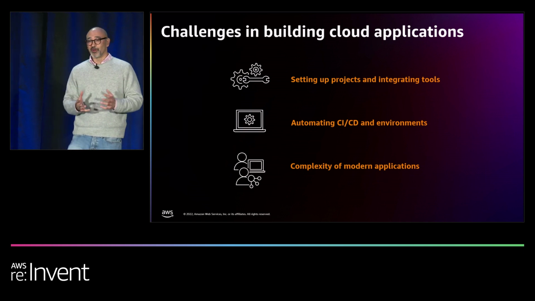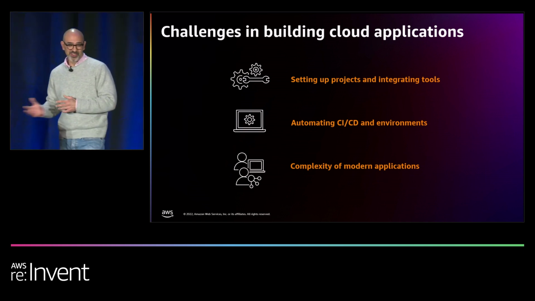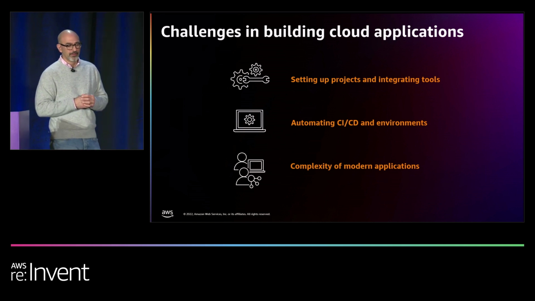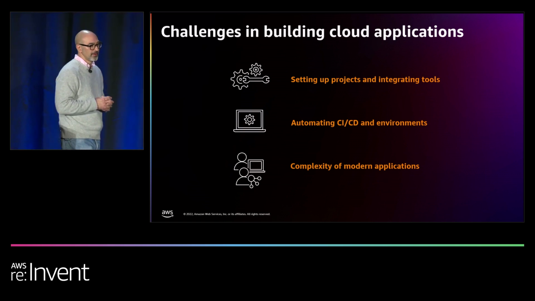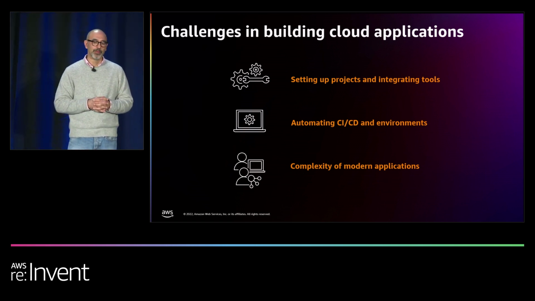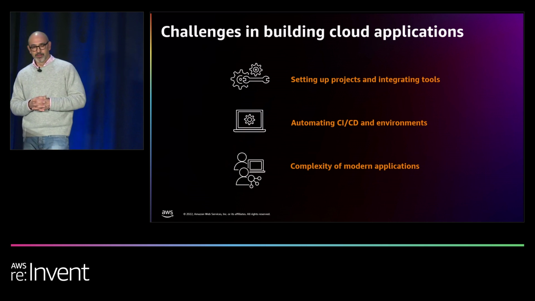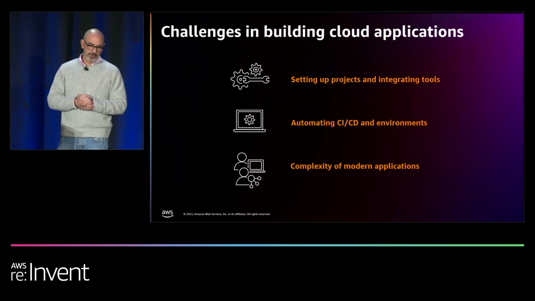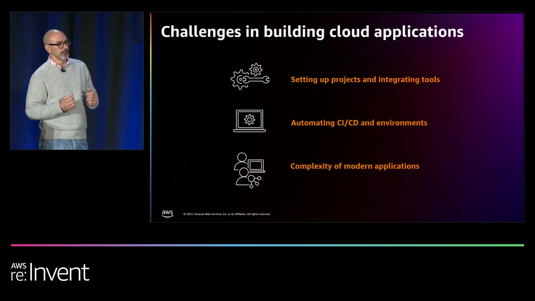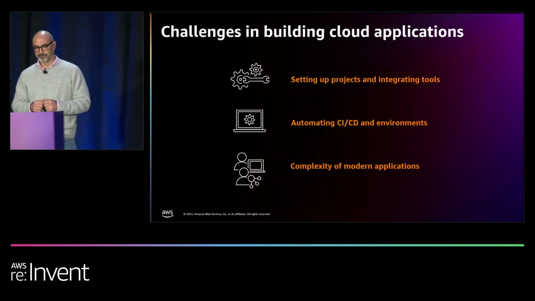And spoiler alert, you're going to hear our solution to this when Rahul gets on the stage. So with these challenges in mind, we knew we needed to go back to the drawing board and rethink how we're building and shipping and developing software from scratch. And this is kind of the genesis of CodeCatalyst.